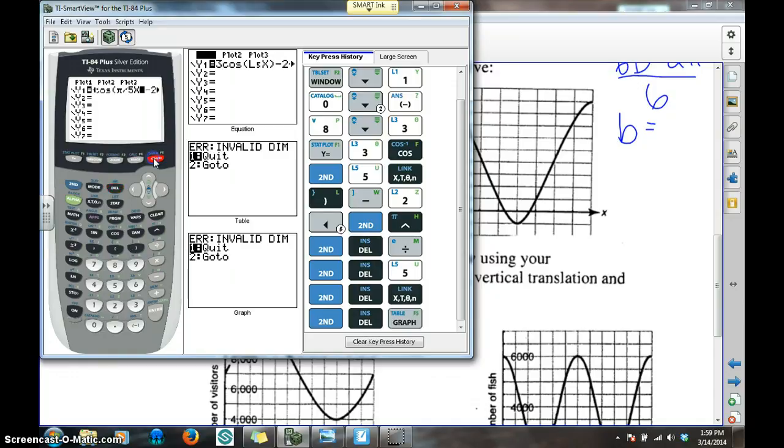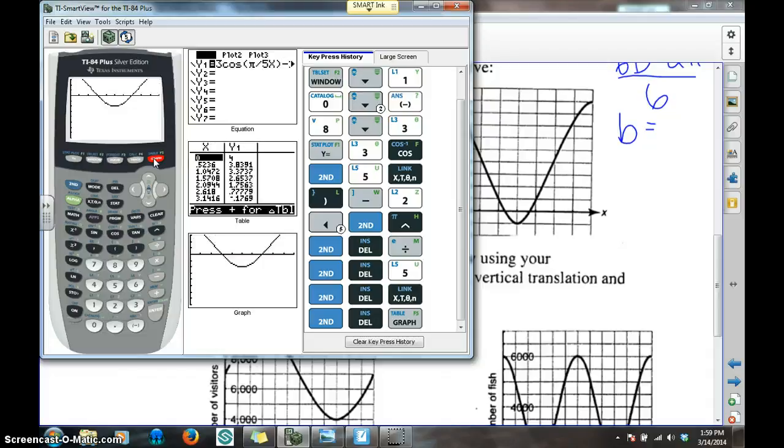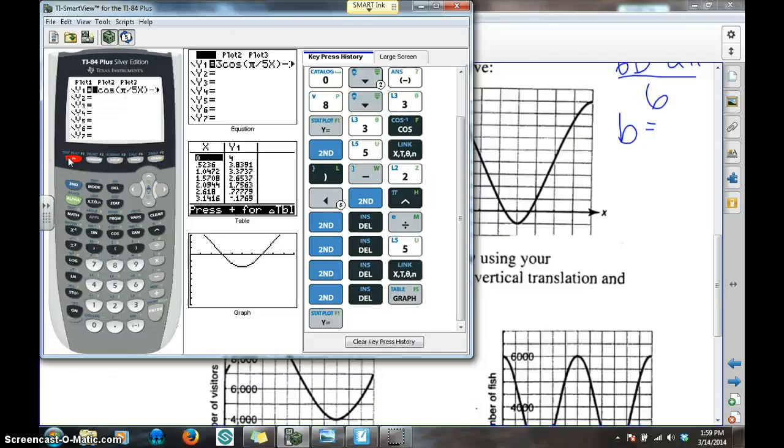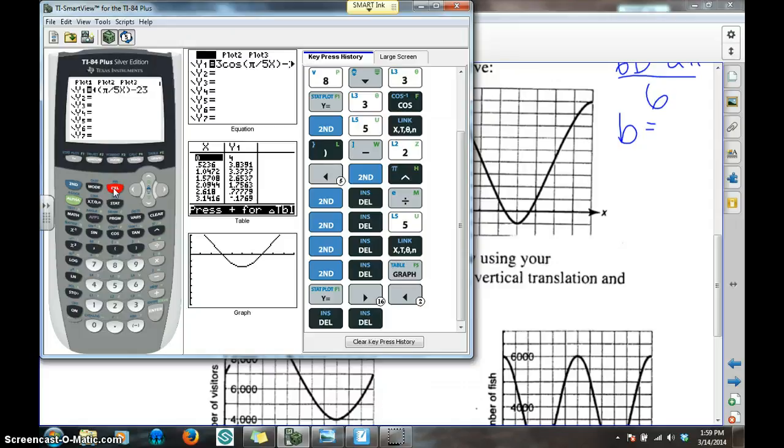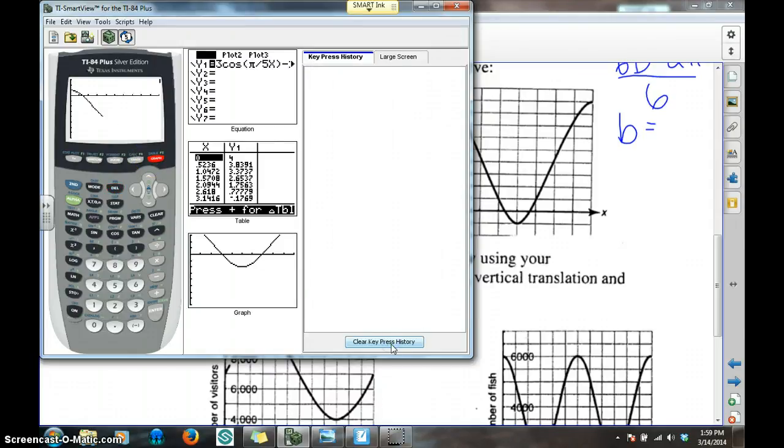All right, let's try it. Did I not -2? Oh, I still have +3. That's why. Okay. There it is. Does that look like what we have on the paper?